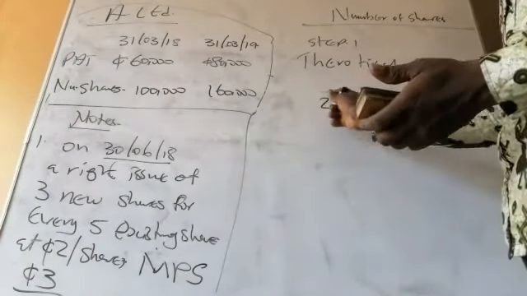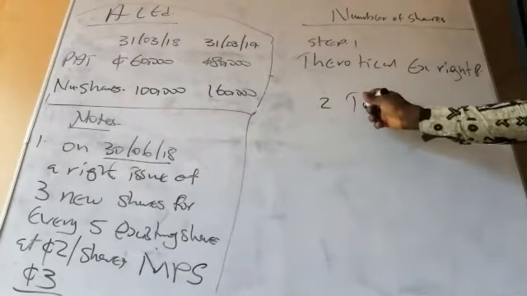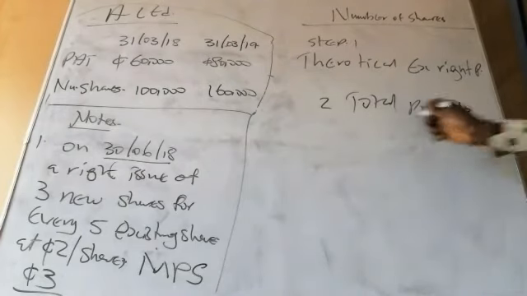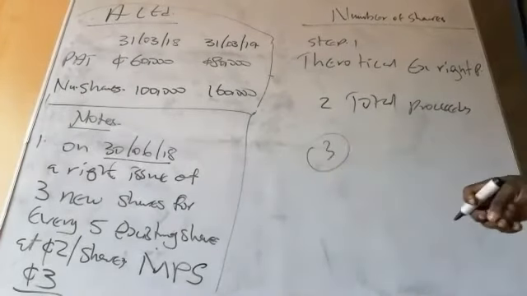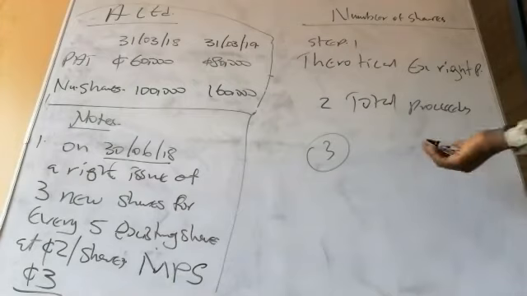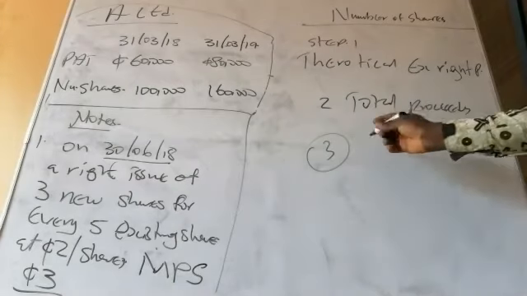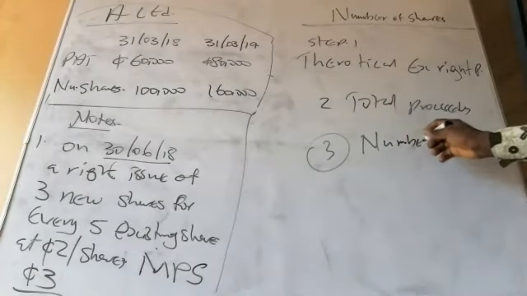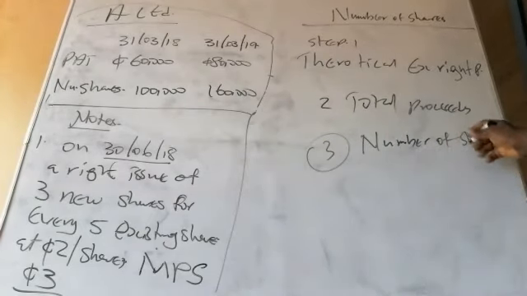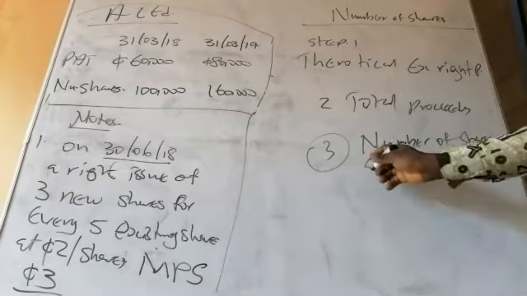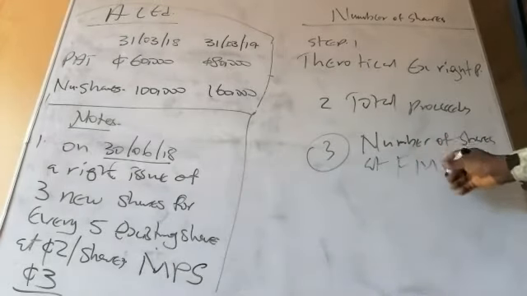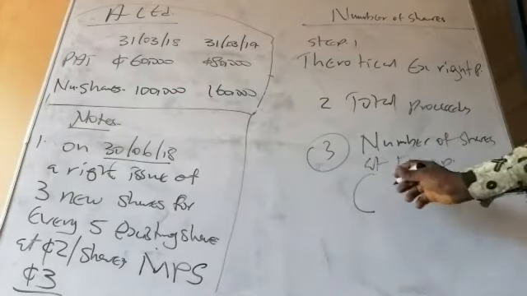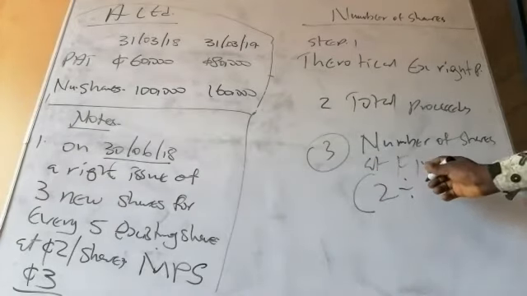Step two, get the total proceeds. Step three, that's all. Then you are done. Just 3 steps. The number of shares at full market price, by dividing step 2 by step 1.